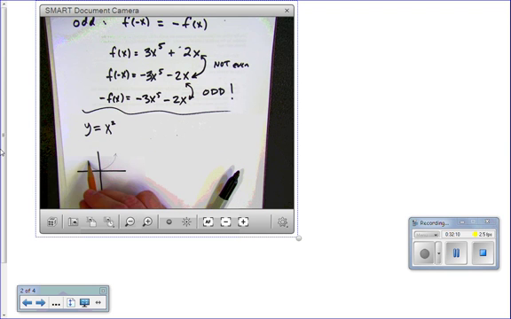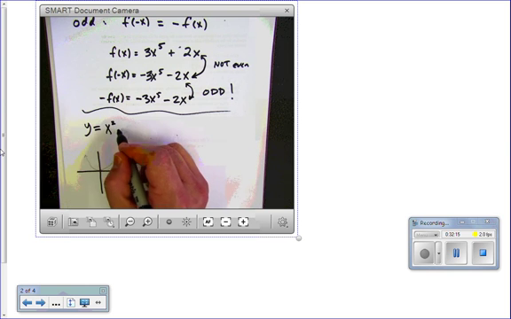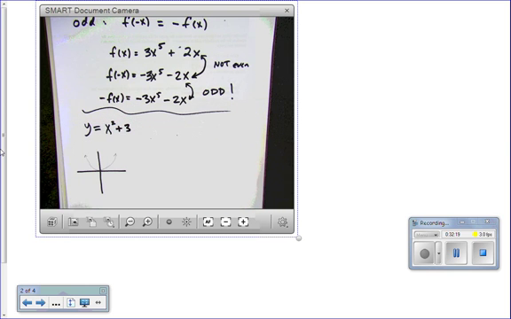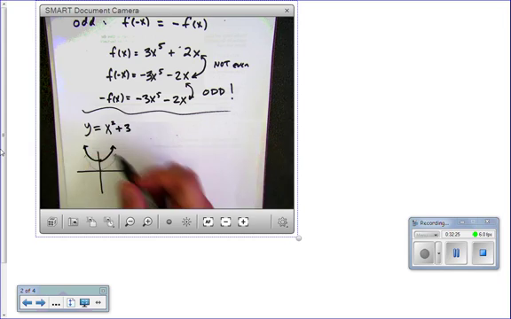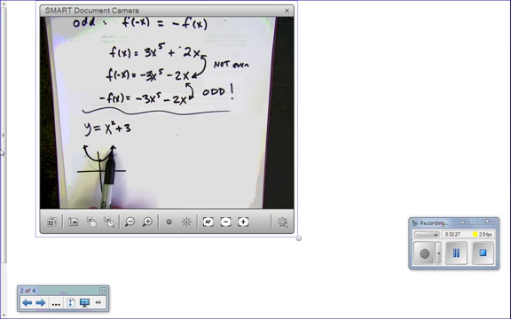Now, what if we did x squared plus 3? What would that do to the graph? You move it up 3, so it would look like this, wouldn't it? Okay, now, would it still be symmetric with the y-axis? Yes. Okay, so if I see a bunch of even exponents and I'm adding or subtracting a constant, adding or subtracting a constant doesn't affect the symmetry of an even function.